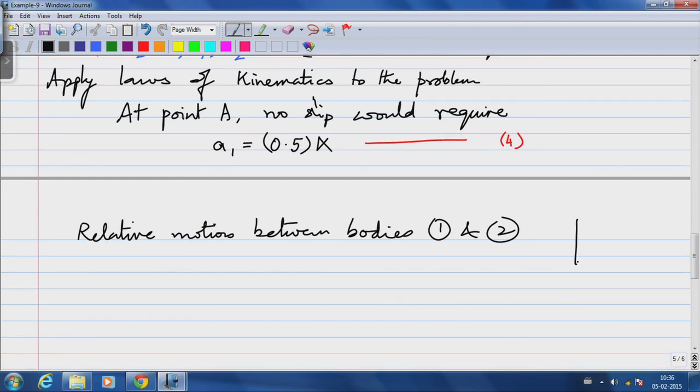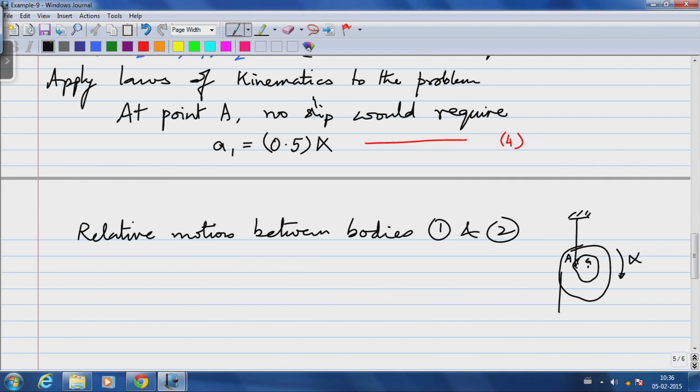Okay, so I will just draw a diagram of this to see what the spools, the bodies, do together. So, if the angular acceleration of this body is alpha, then at this point A, if the spool rotates an angle theta, then the center of mass comes down a distance 0.5 times theta, which also means A1 is 0.5 alpha. We have already done that.